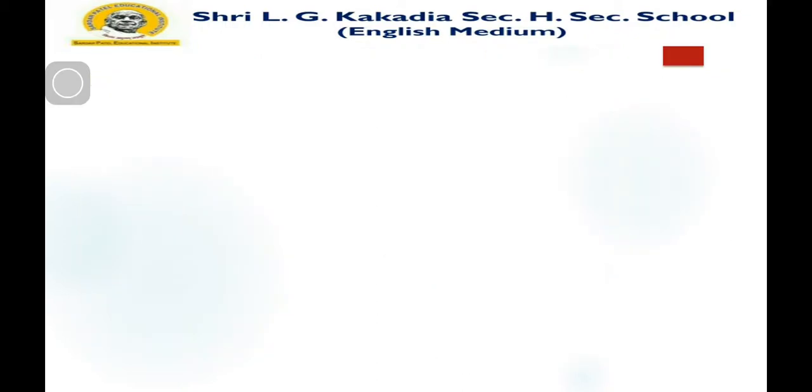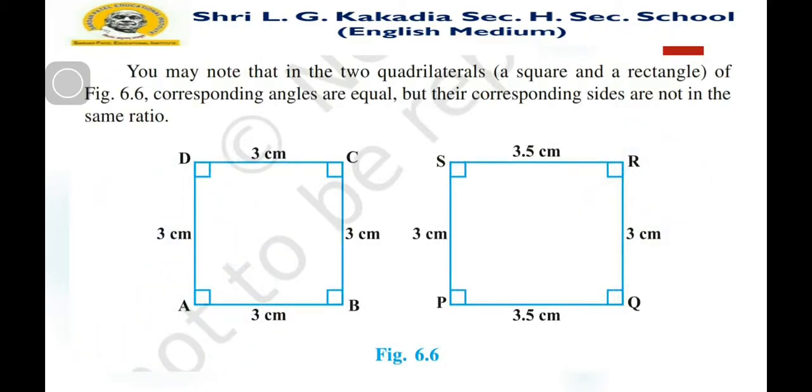Now let's consider the two quadrilaterals of figure 6.6. Here you may note that corresponding angles are equal. Given that these are two rectangles, in a rectangle all the angles are equal, 90 degrees. So here A corresponding to P equal, B corresponding to Q equal, C corresponding to R equal, and D corresponding to S, both are equal. So here all angles are equal.